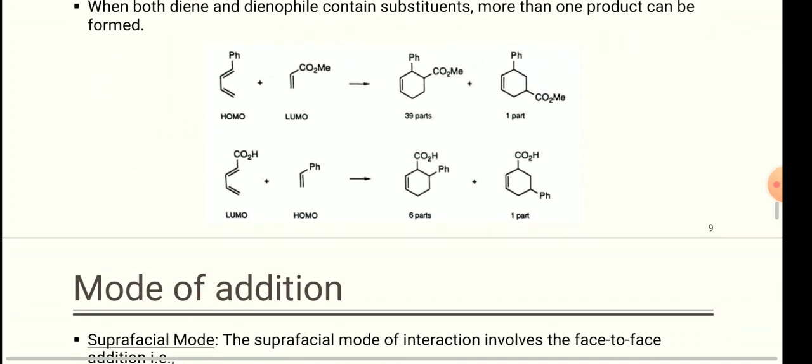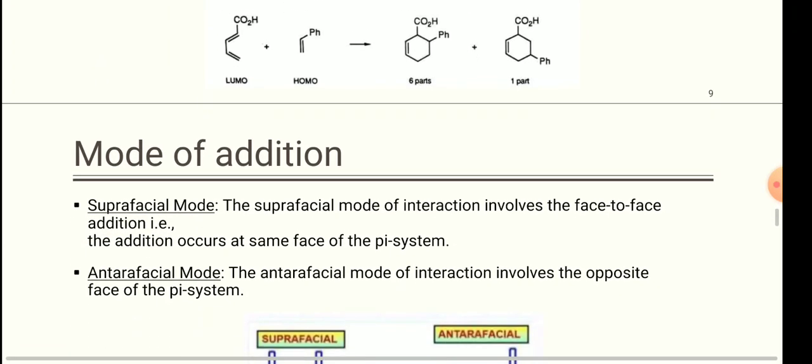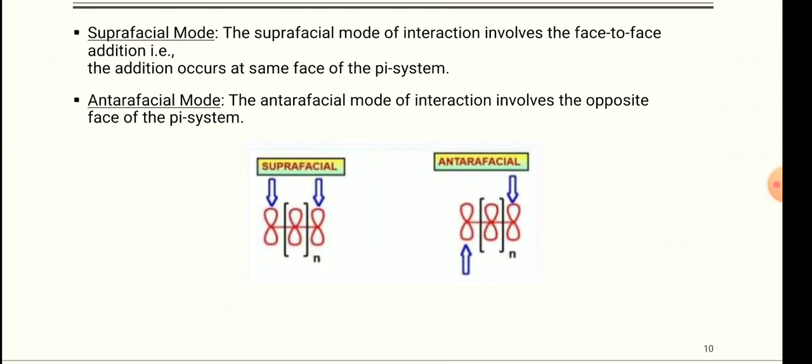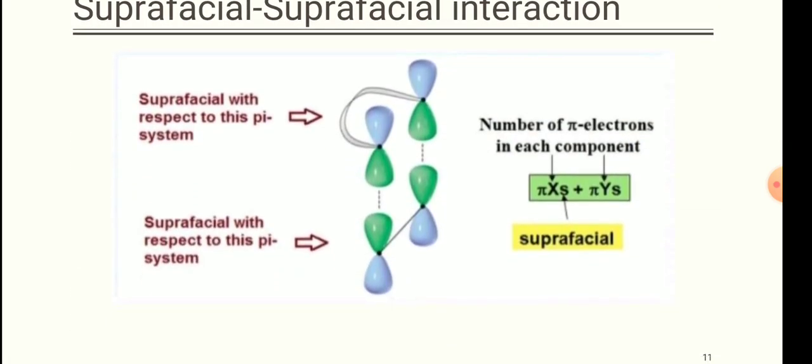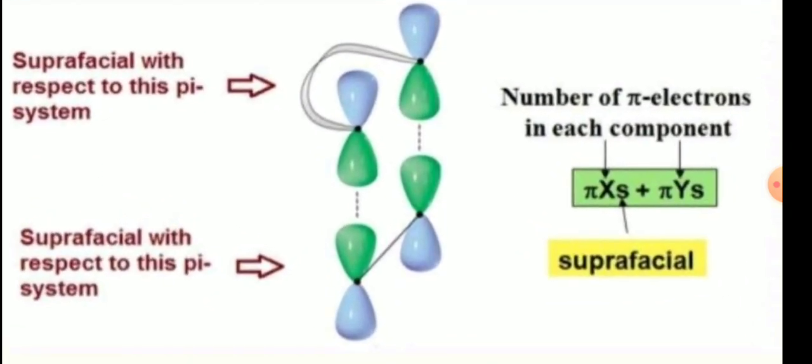So here are some basic results. Now the mode of addition: one is the suprafacial mode, another is the antifacial mode. Suprafacial means the same side, and antifacial means the opposite side. So if you look here, the green side of a particular system, the dienophile, and the diene are on the same side.